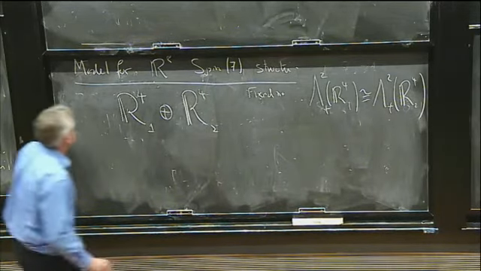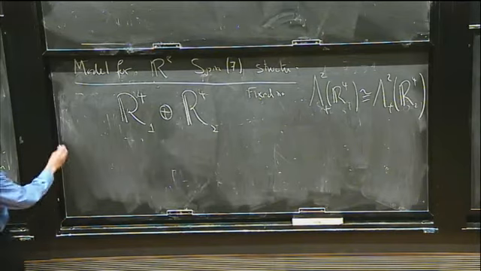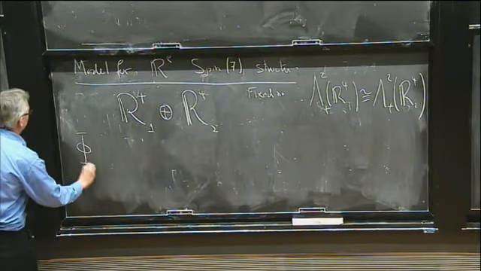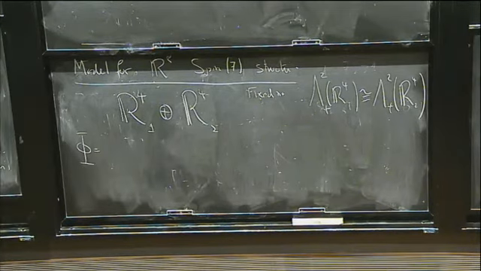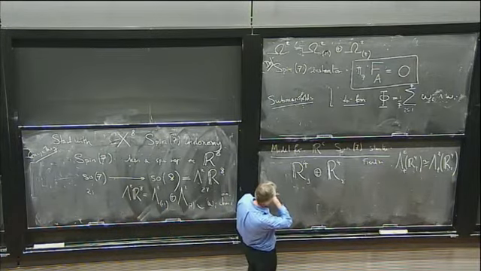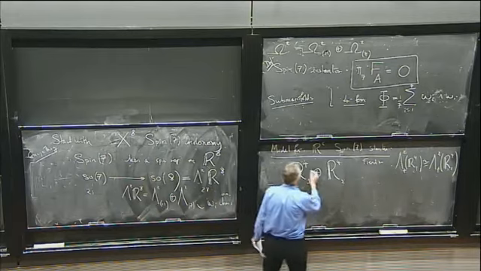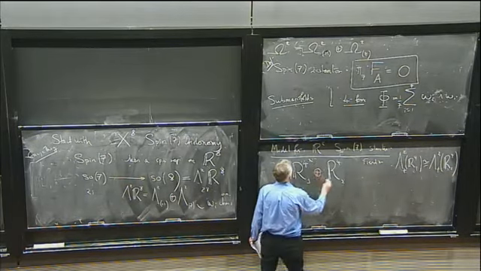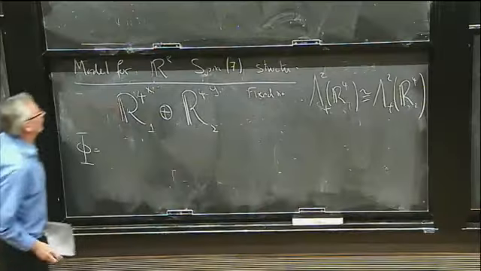So then we can write down a 4-form. We take, say, coordinates x_i on one copy and y_i on the other.